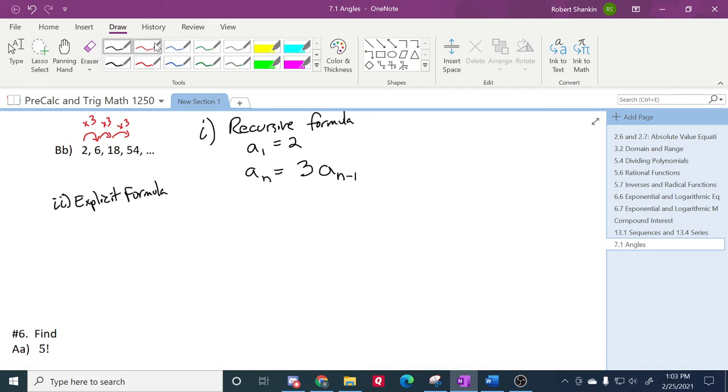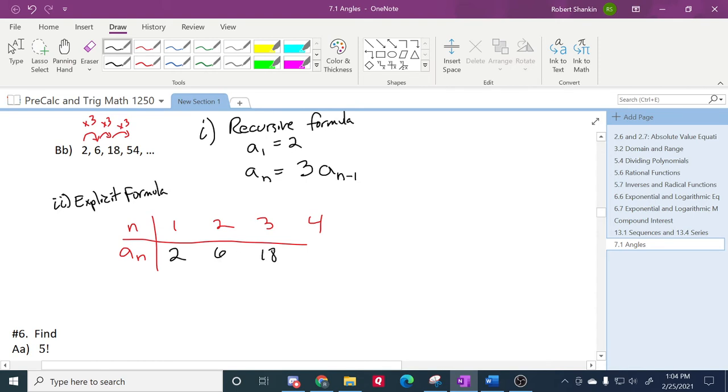So I'm going to make my structure n, a sub n, 1, and this is 2, 6, 18, 54.